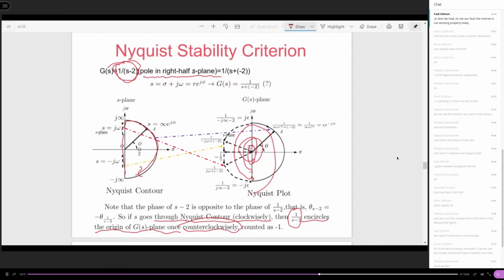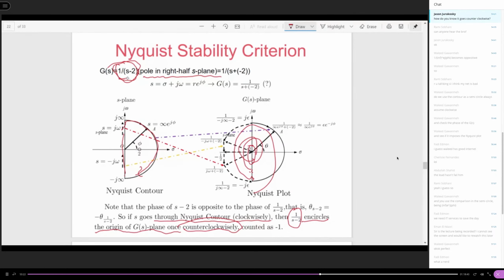Okay, so now it is not a surprise to conclude that if you do have a pole in the right half S plane, then you're going to see the Nyquist plot of this right half S plane pole encircle the origin of the G of S plane once, and it's counterclockwise.